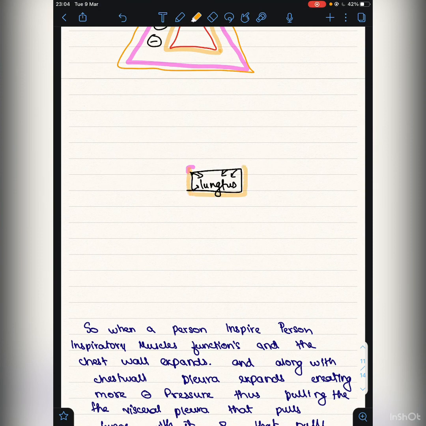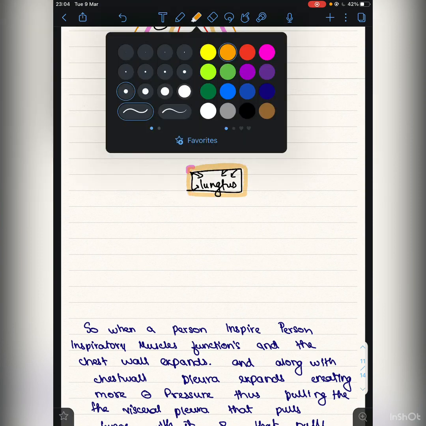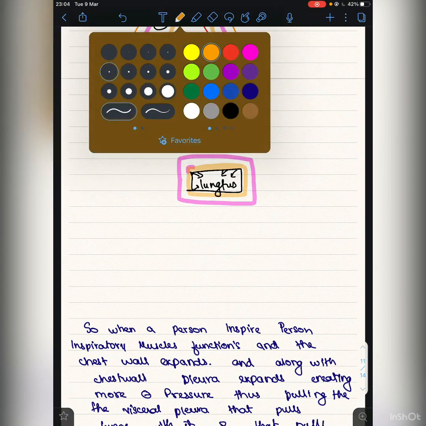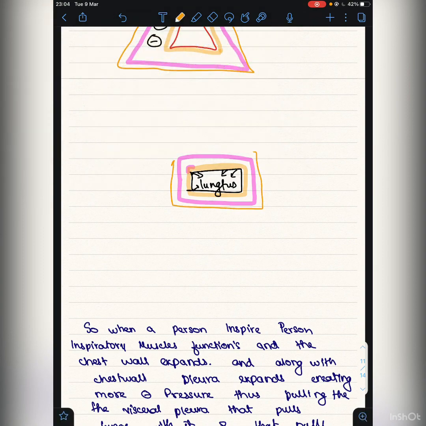This is visceral pleura, and this is parietal pleura, which is attached to the chest wall. The lung wants to recoil, meaning it wants to get smaller, but as the chest wall doesn't have the capacity to get that small, it doesn't get small. Along with that, the parietal pleura is attached, so it also doesn't allow the lungs to recoil to a smaller position.